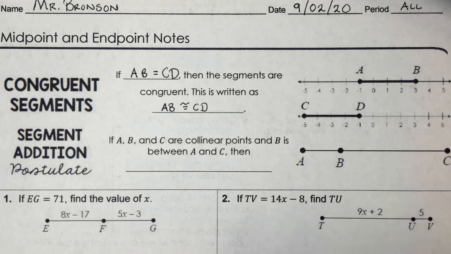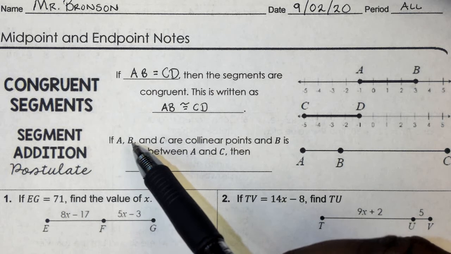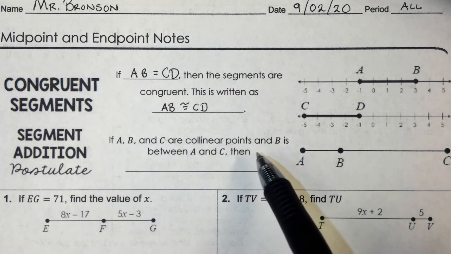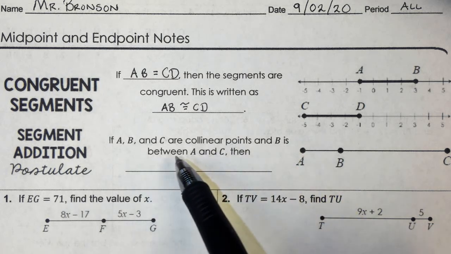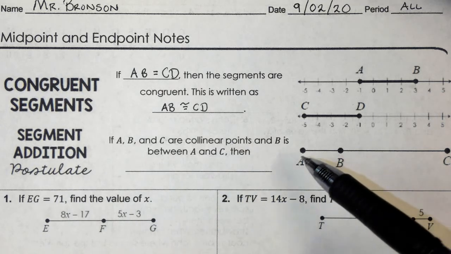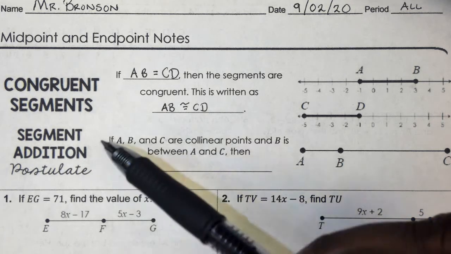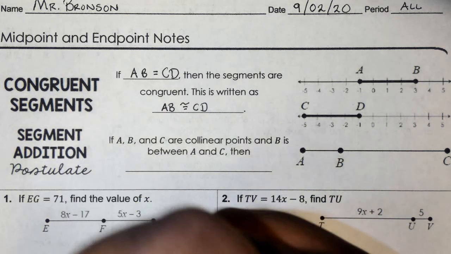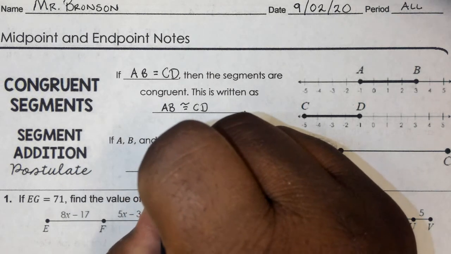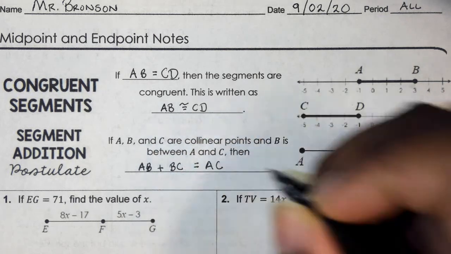And in this case, a segment addition postulate says if A, B, and C are collinear, there goes our word again, points, and B is between A and C, then if that's the case, if this is the scenario over here that you got a segment AC with a point B in between, then the segment addition postulate says AB plus BC equals AC.